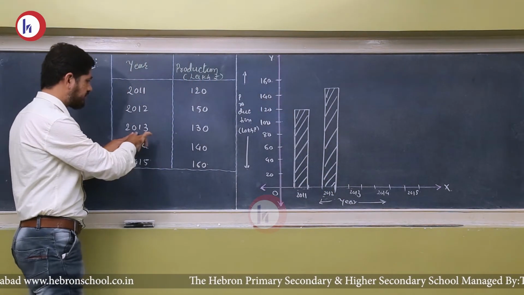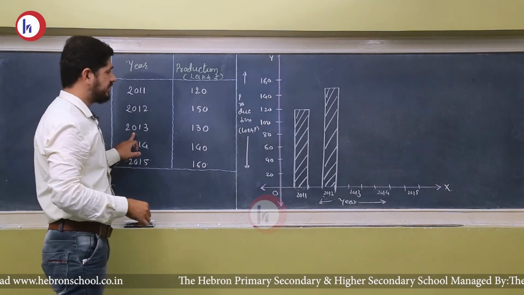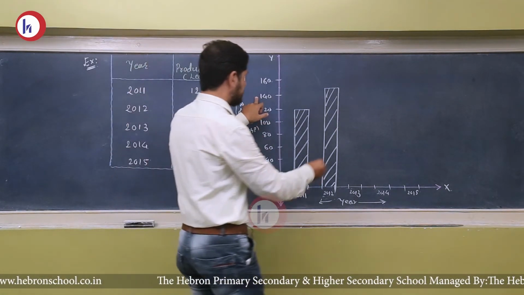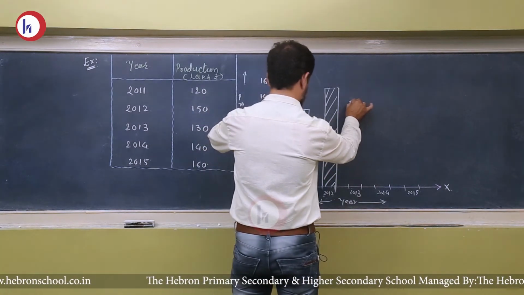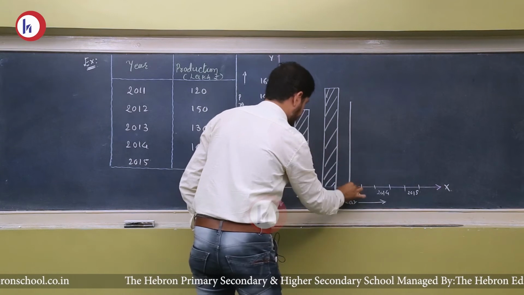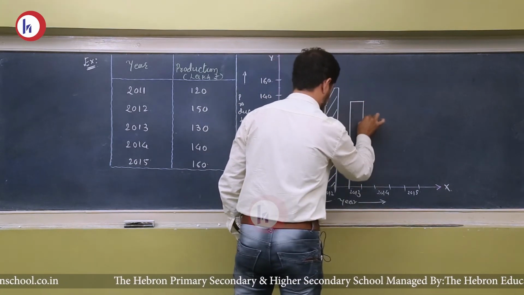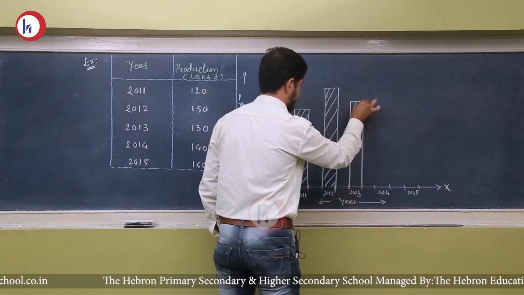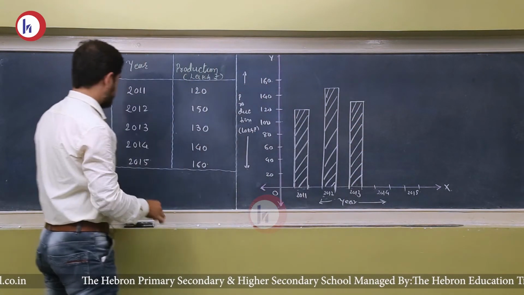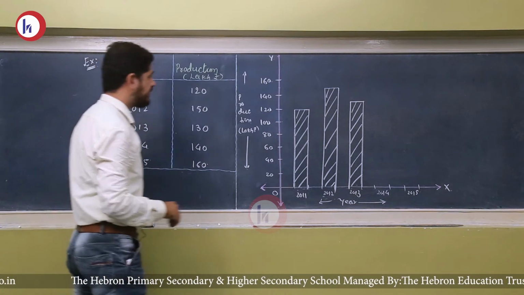In 2013 there is 130, that lies between 120 and 140. Next one, 2014, 140.